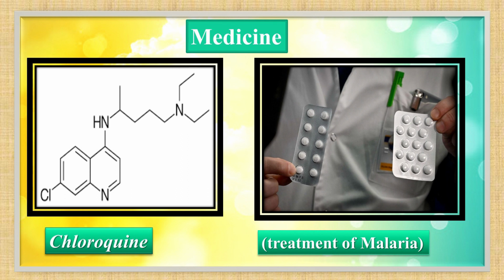If you look at the slide, you see the structure of chloroquine, where the chlorine atom is attached to the benzene ring system. It is an aromatic compound. I will discuss later in detail what an aromatic compound is. So, chloroquine has a chlorine atom attached to a benzene ring system and is used as a medicine for malaria.